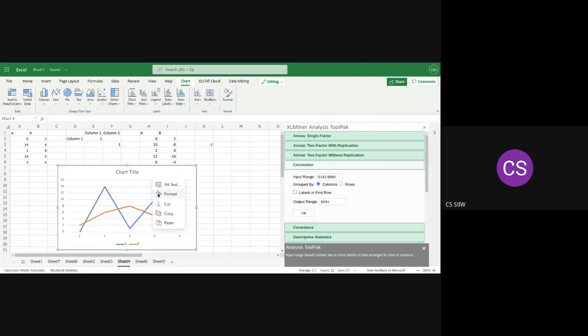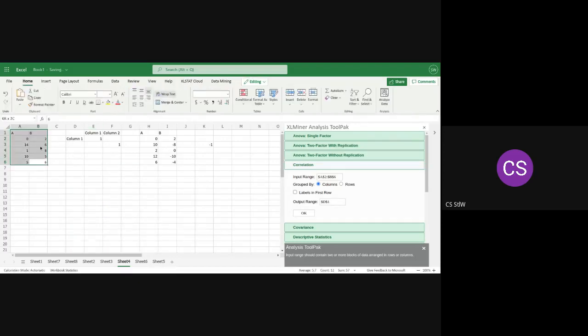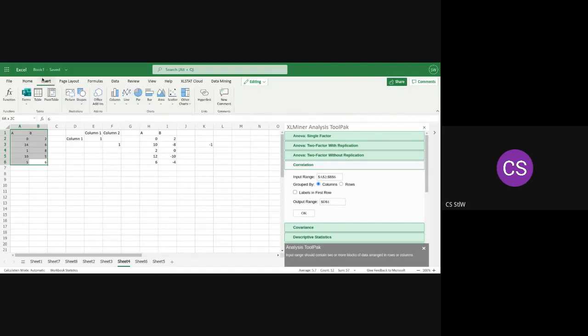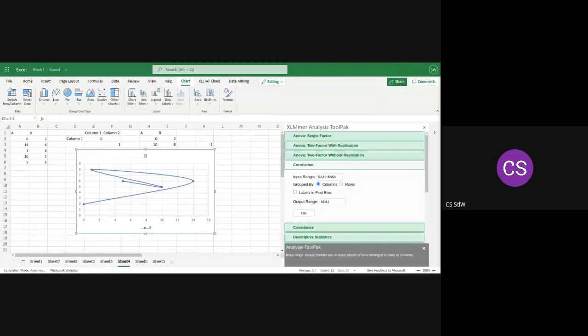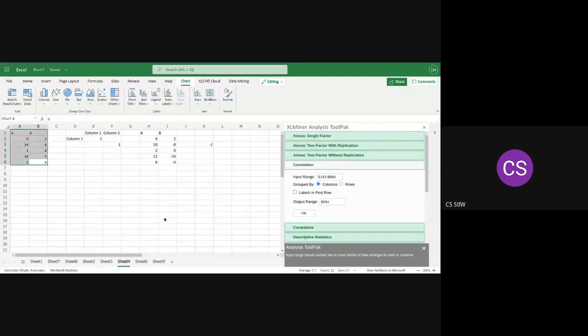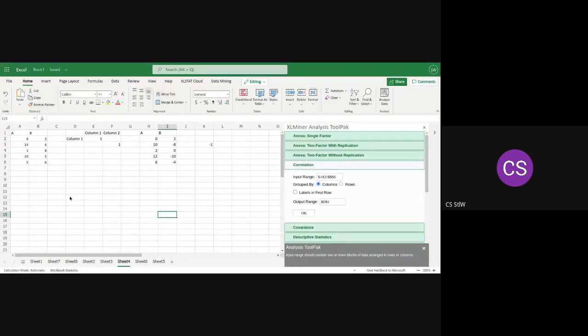Somebody is saying I use a scatter plot. It's just the same thing, though. Okay, you can use a line, a scatter plot smooth line. Did I just pick A? Look at that.